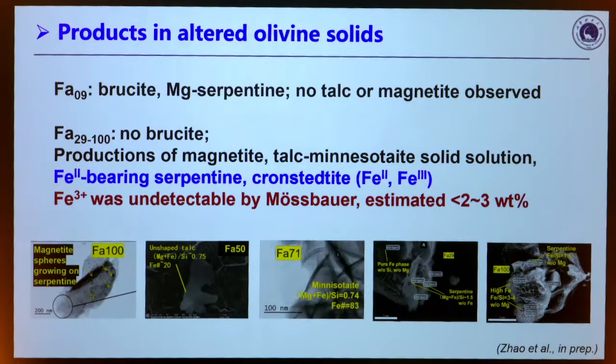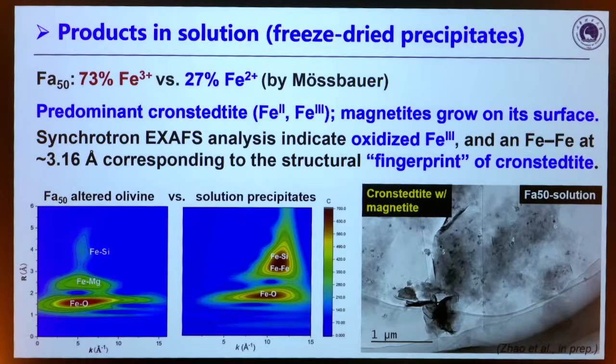To our surprise, even though we see Fe3+ in our system, we don't really see much Fe3+ in the altered olivine. Based on the Mossbauer analysis, we estimate the Fe3+ is just below 2 or 3%. But the solution is another story.